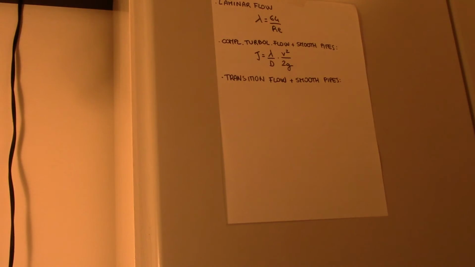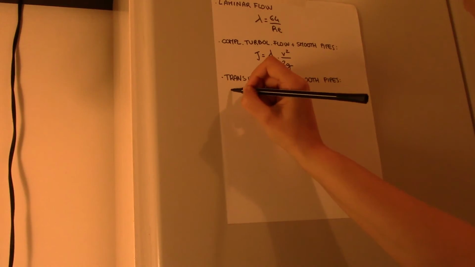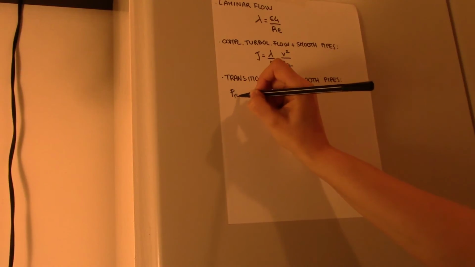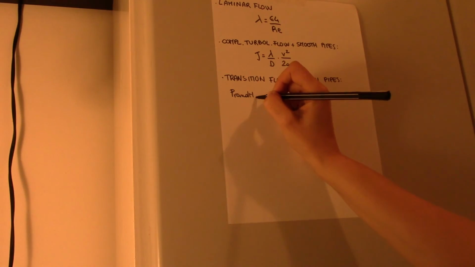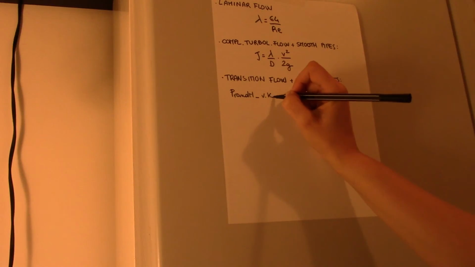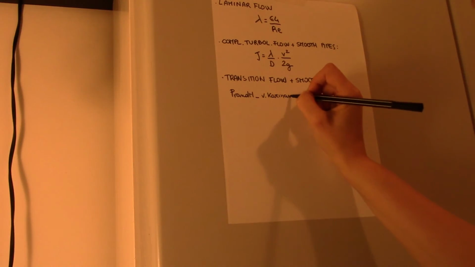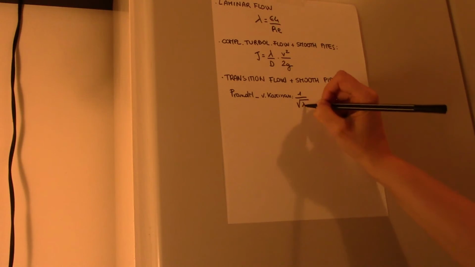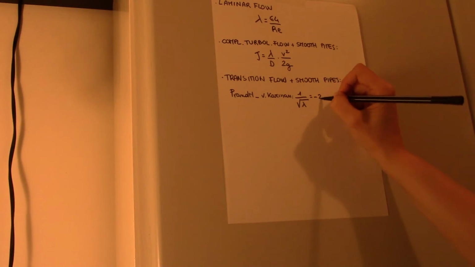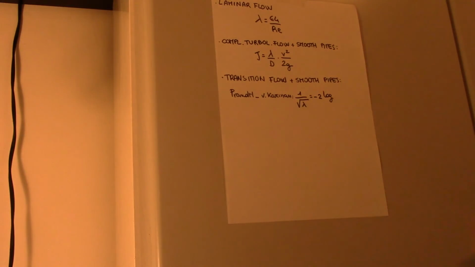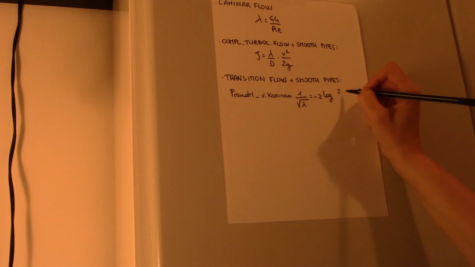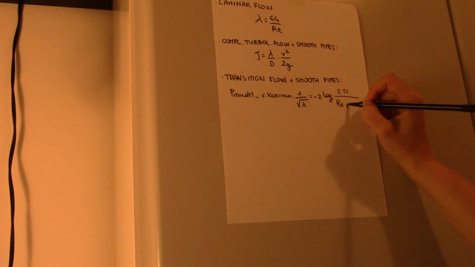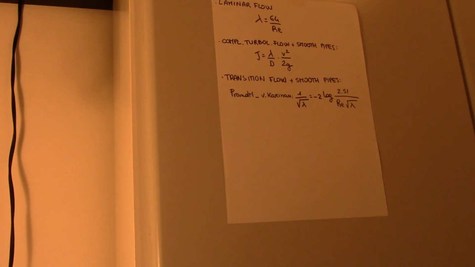where we said that Prandtl-von Karman is valid, and it says that 1 over the square root of lambda is equal to -2 the logarithm of 2.51 over Reynolds times square root of lambda again.